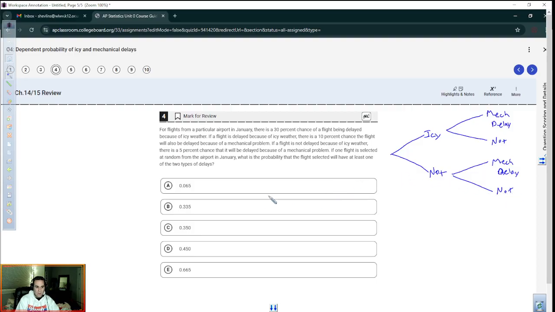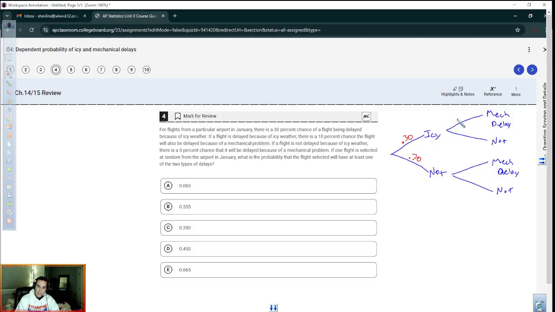Okay, so let's fill in the numbers here. We got 30% chance delayed from icy weather. So that means there's a 70% chance you do not. Next level, 10% chance flight gets delayed because of mechanical if there's icy weather.